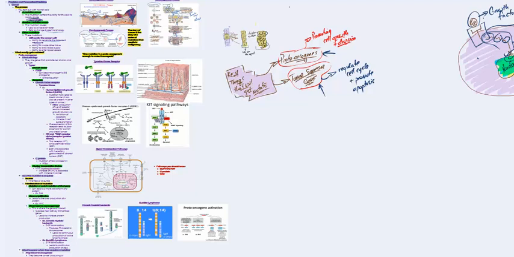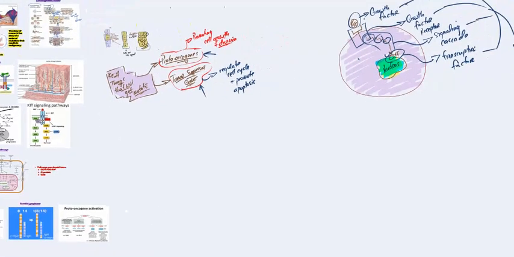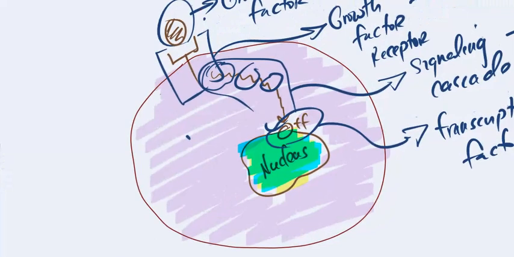Hopefully seeing the examples will give you an idea of the possibilities. But usually, at least from the ones I've seen so far, it's with the growth factor and the growth factor receptor. Cool?